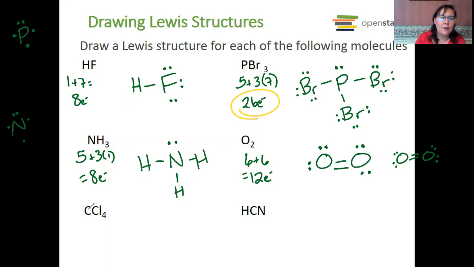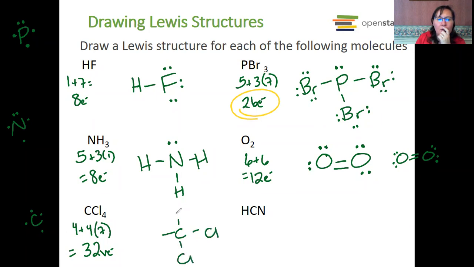Now we have carbon tetrachloride, which is 4 plus 4 times 7. That gives us 32 valence electrons. With this one, I would start with the idea of what carbon looks like. Carbon looks like this, and it can have 4 bonds on it.